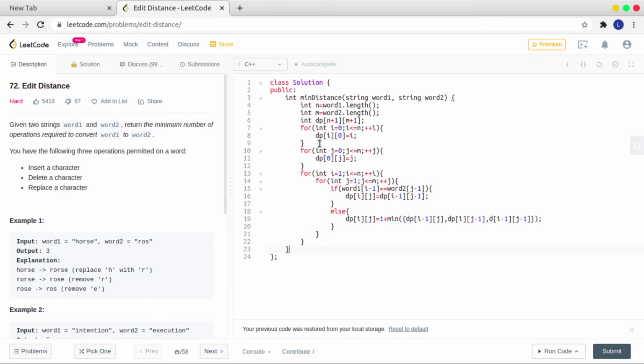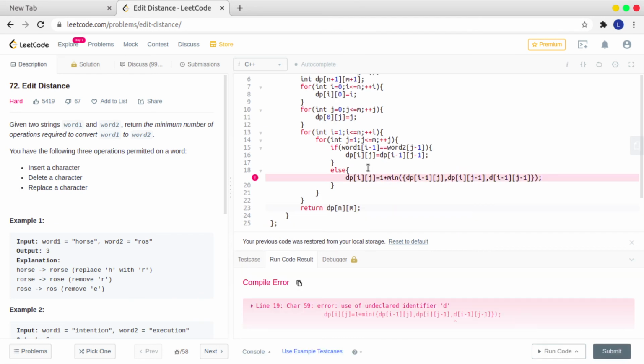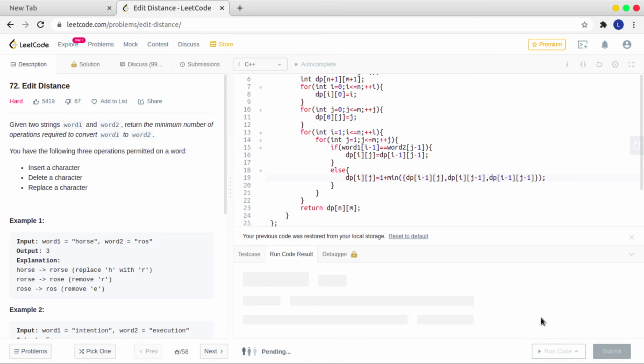And just return dp of n, m, and this will give you the minimum cost that is required to convert word 1 to word 2. There is some compilation error. Solve it.